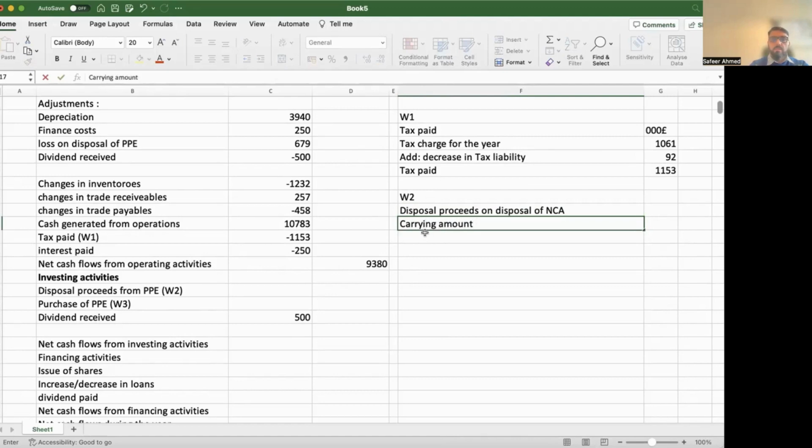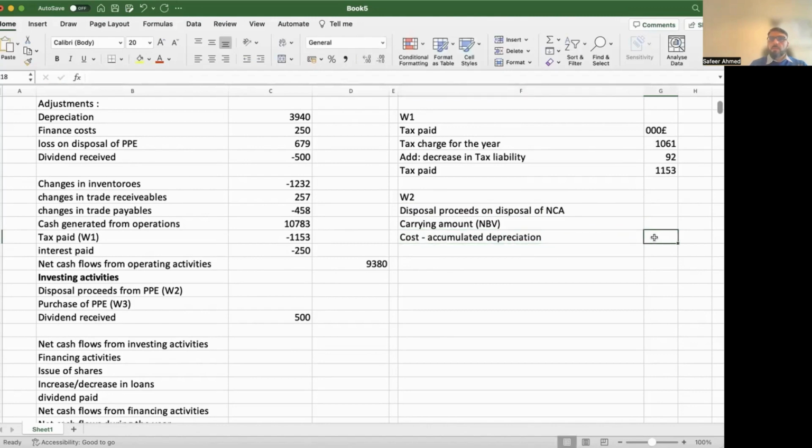Now, remember, carrying amount is also known as net book value. So in some of your qualifications, they might use the word net book value. And carrying amount is cost minus accumulated depreciation.